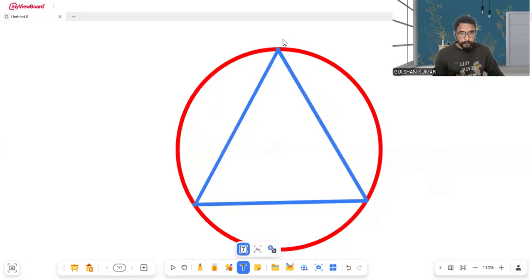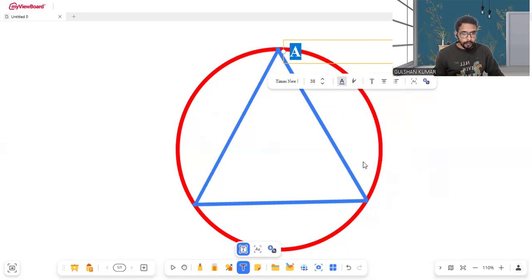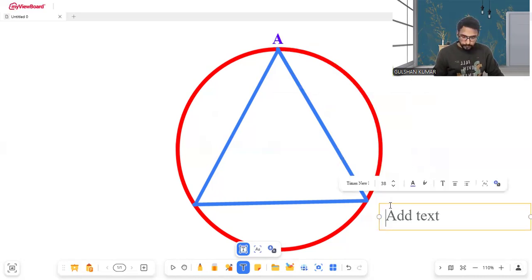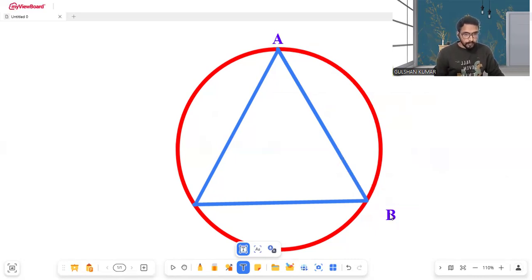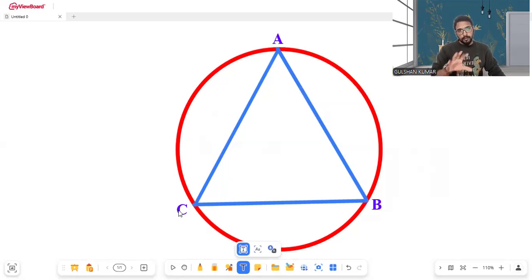Let us name it: this will be angle A, this will be B, and this will be C. These are the vertices of the triangle.